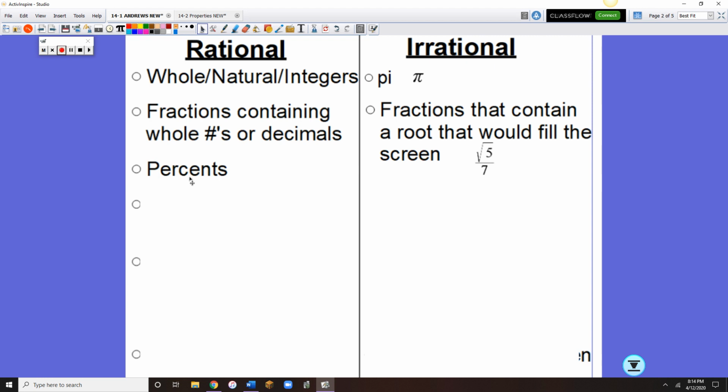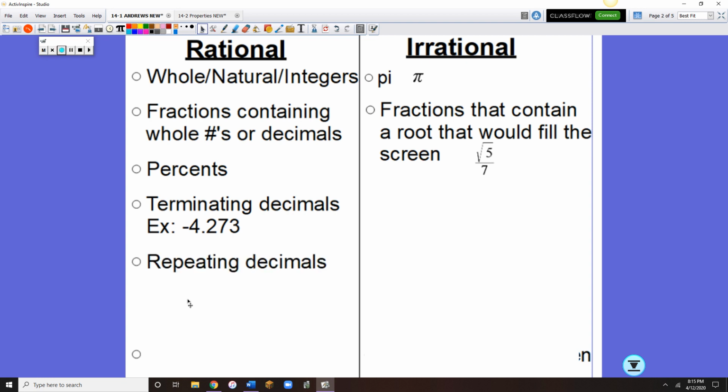All percents are rational. Decimals that terminate: terminate means end. After the 3, there's nothing more after that. It's not repeating. It's not going on forever. Terminate means end after the last number, in this case a 3. Repeating decimals: there are a couple different ways you can show repeating decimals.